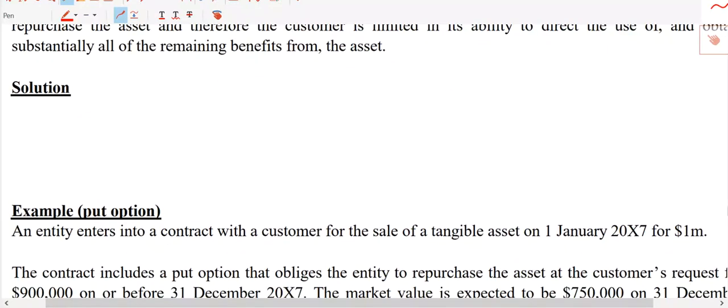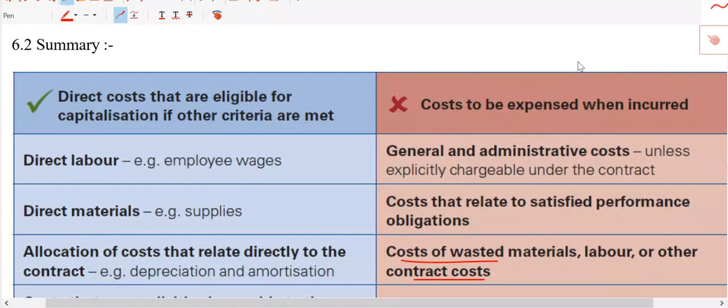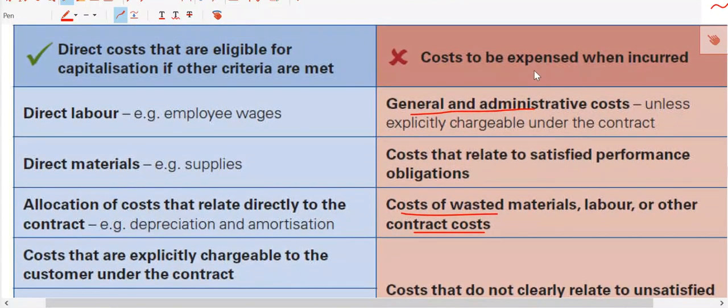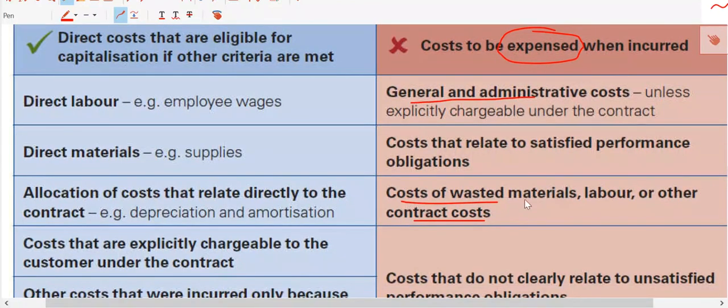Your answer is a bit different from the rest. We have this table to visit again. General admin, there will be expenses, unless explicitly written in the contract, which I didn't see from the question at the moment. So our first response on general admin cost will be expenses. And then cost of wasted material will be expenses as well.